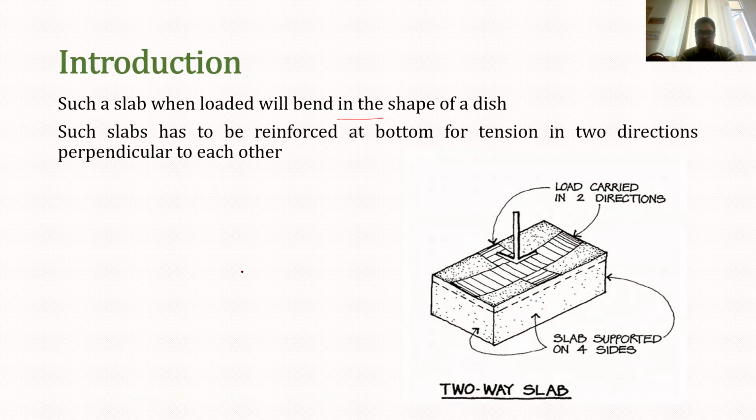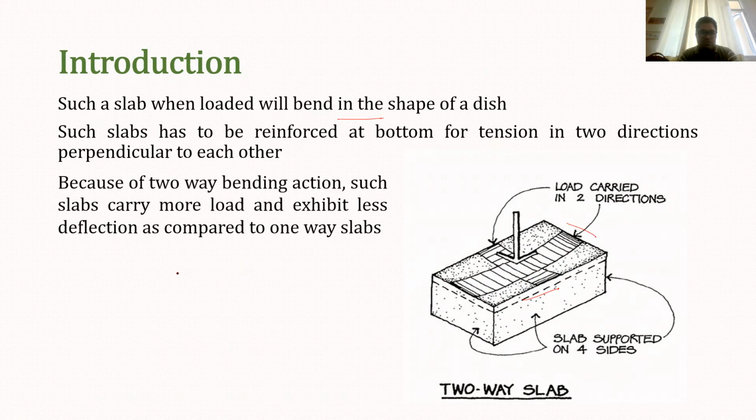So basically, in case of two-way slab, we provide reinforcement along the shorter span and along the longer span because we consider that bending is occurring along both. So therefore, to resist this bending, we provide reinforcement in both the directions, which we consider as main reinforcement.